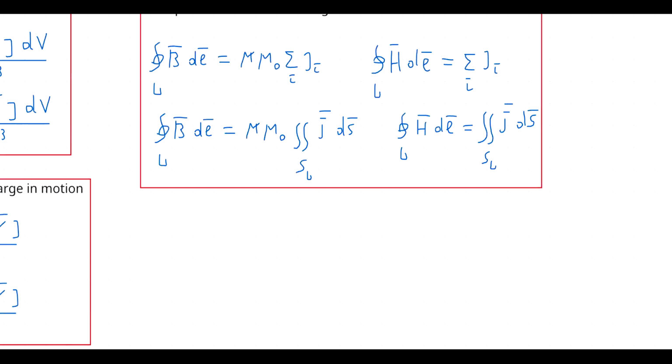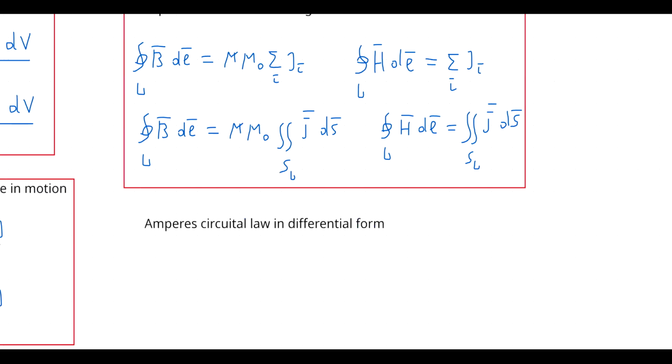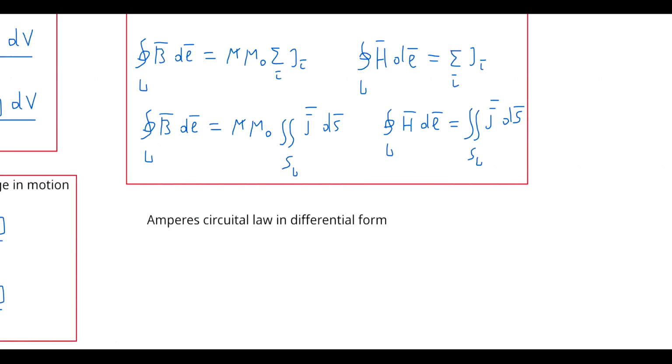Ampere's circuital law in differential form can be written as rotor B, and it will be mu zero multiplied by electric current density.